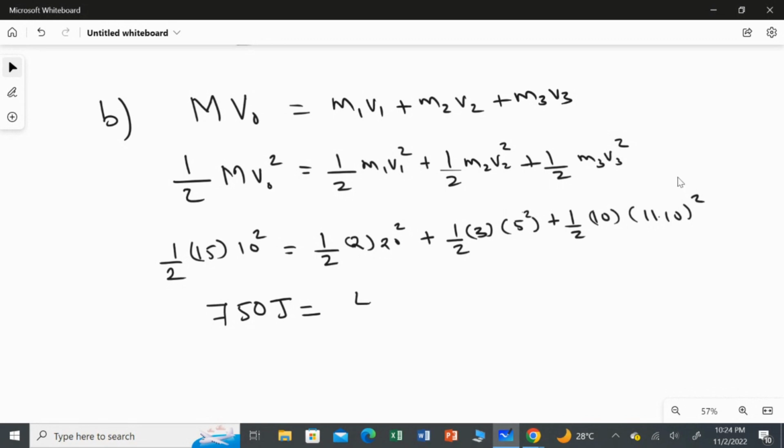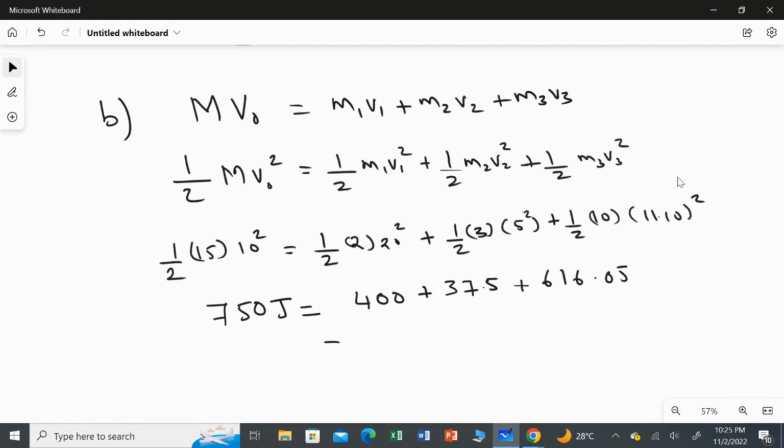I got 400 here, plus, likewise, the second object: mass 3 and speed 5 squared, which is 37.5, plus the third one, 10 multiplied by 11.10 squared, we got 616.05.